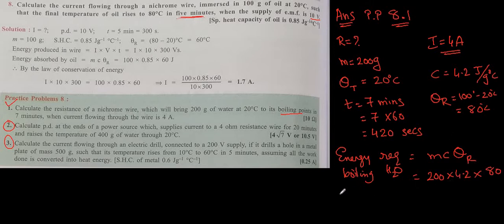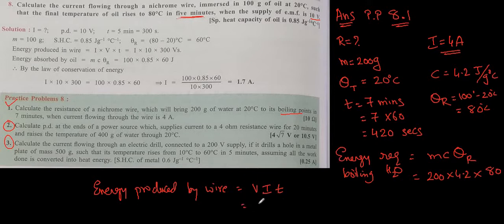Now here we are going to work out the energy given by the wire. So here I am writing, energy produced by the wire is equal to V I T, and both of these are going to remain the same because of the law of conservation of energy.